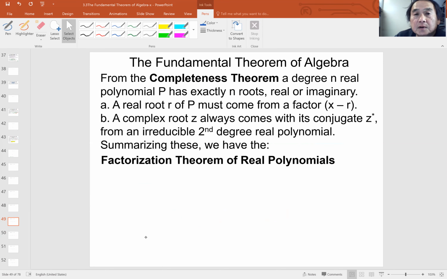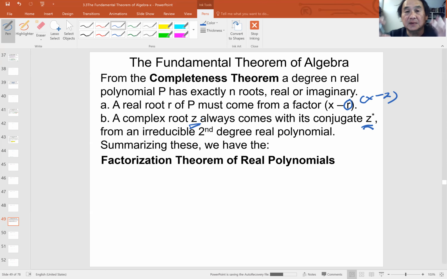Here's then from the roots of real polynomials: if r is a real number root, like x equals 2, then x minus 2 has to be a factor. Or else, if it's not a real root, then it comes in pairs. It comes in z and z conjugate.